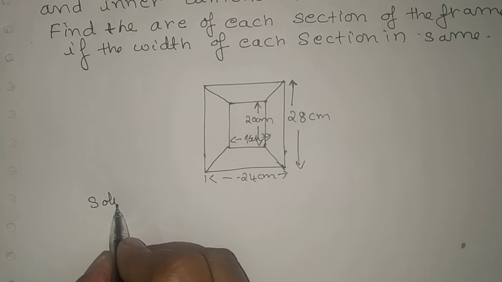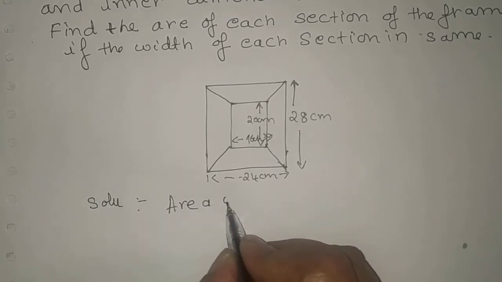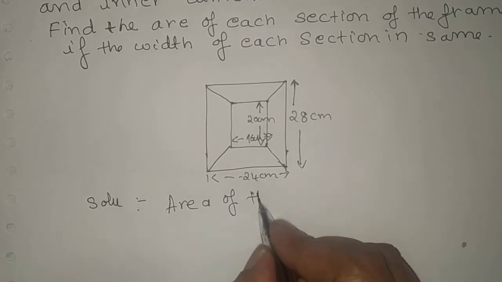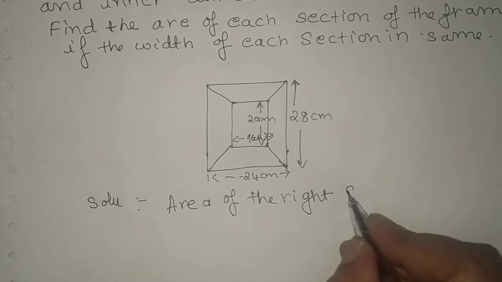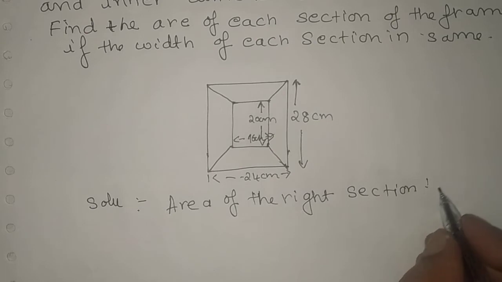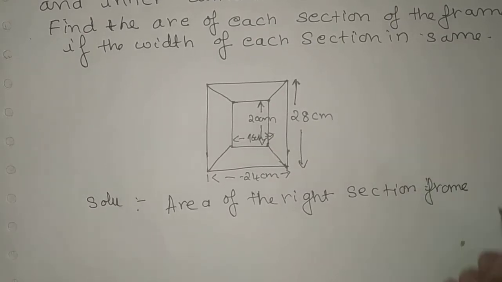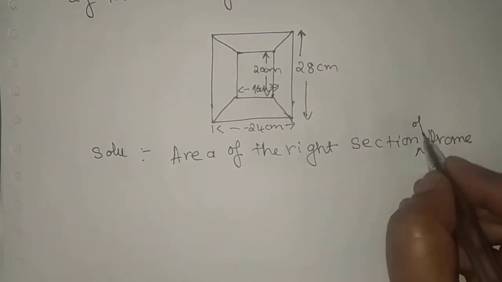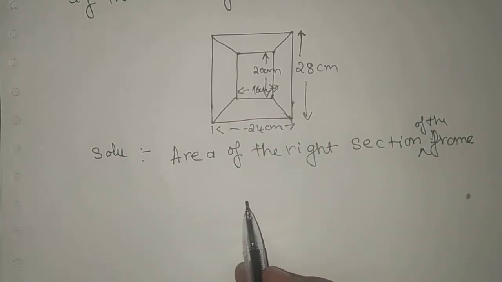First we'll find out the area of the right section of the frame. This is a frame, and there is a right section of it.